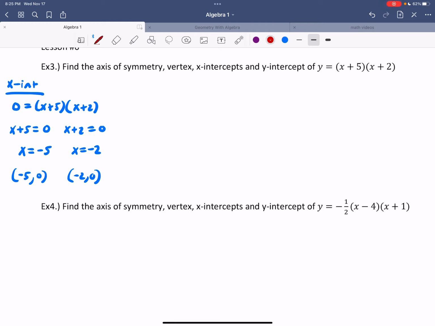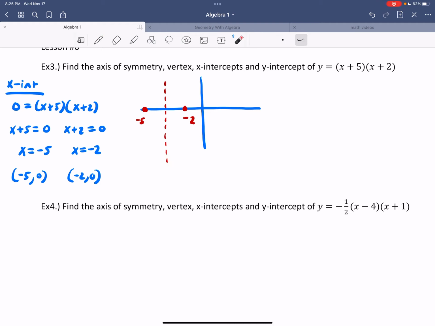So again, you don't have to do this, but I like to draw a sketch to see what's happening here. I have one x-intercept at -5, 0, and one of them's at -2, 0. Let me change that. We've got to find the halfway point between -5 and -2.